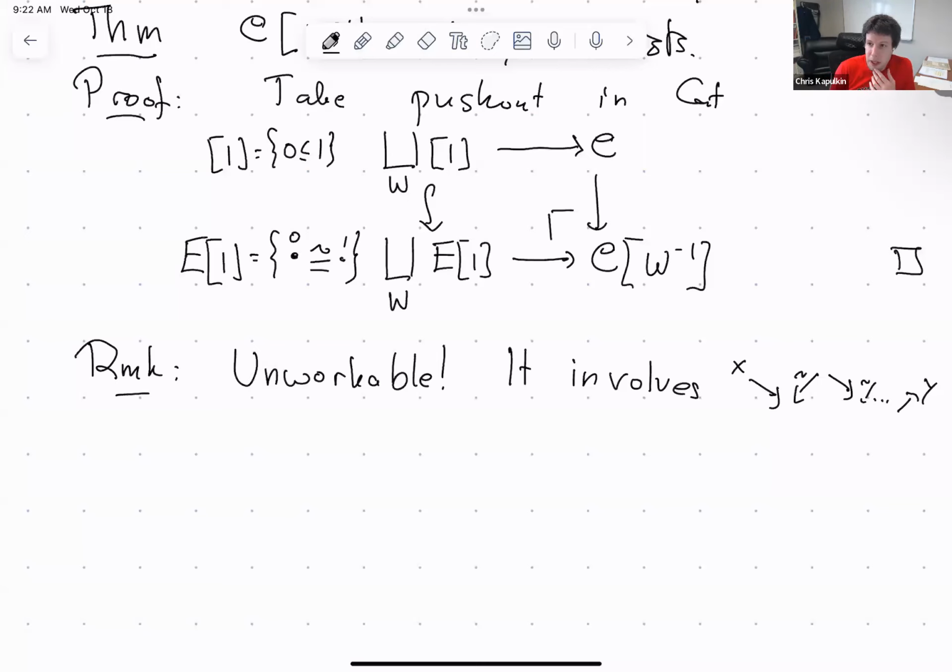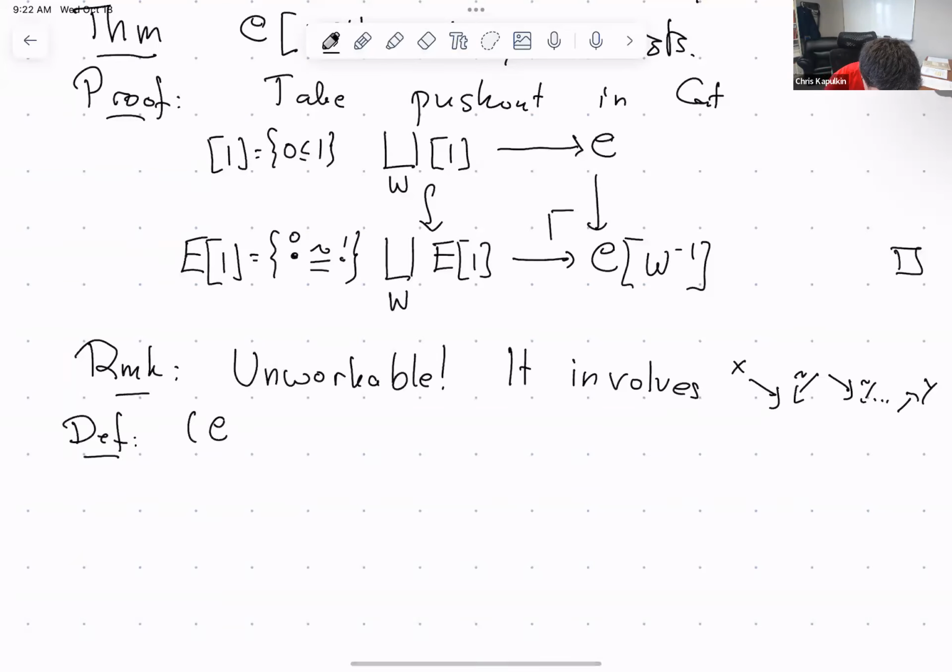However, we are 2 years away from the publication of Quillen's homotopical algebra, and I guess the election of Nixon. So they propose a slightly different solution, and that is calculus of fractions.